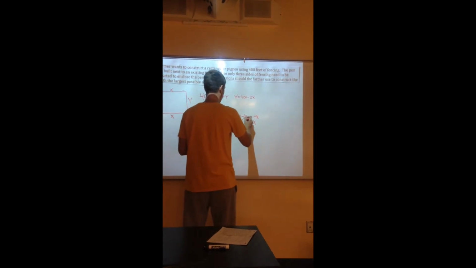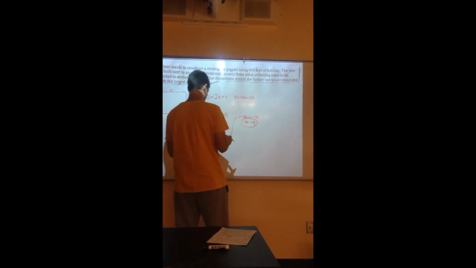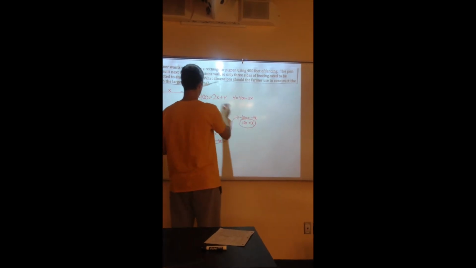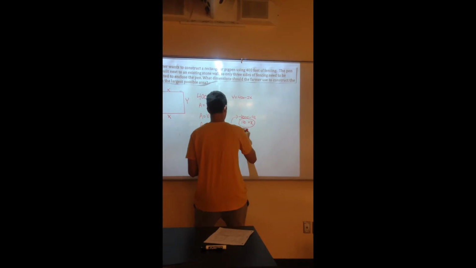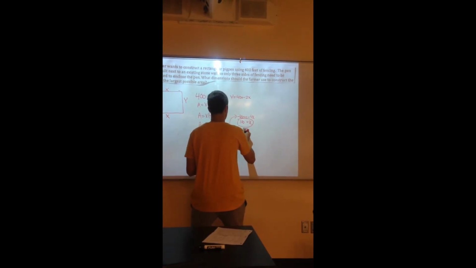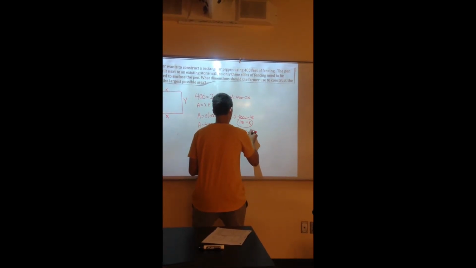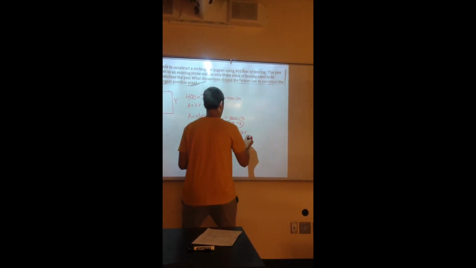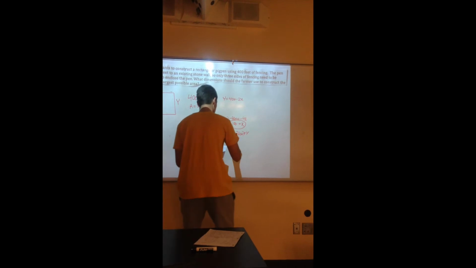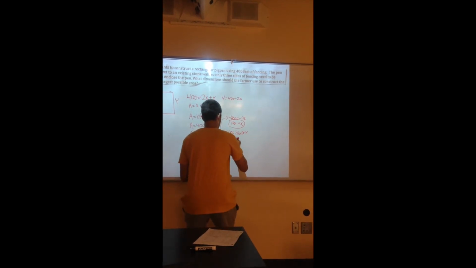That's our first side length here. And then next we plug this value into here to find the other side length. So you get 400 equals 2 times 100 plus y. Then you just need to solve for y here to get your second side length.